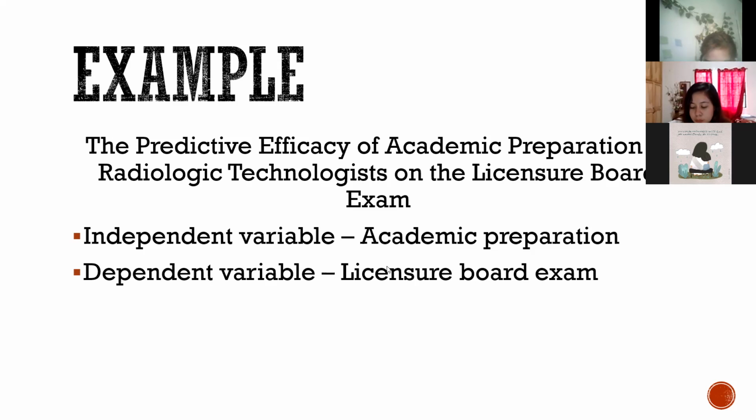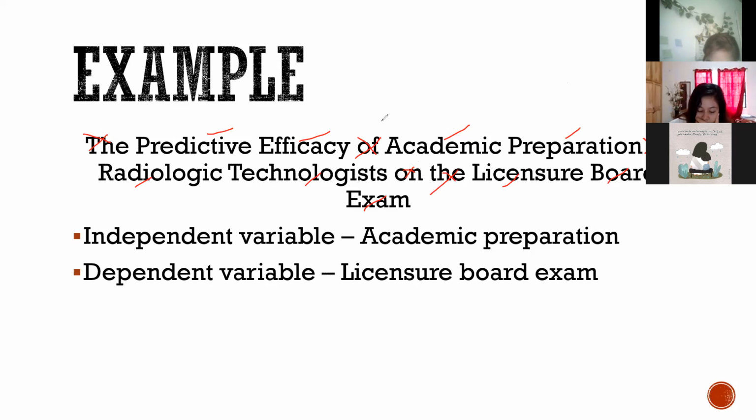So 1, 2, let me write on the screen. 1, 2, again, this is not included. So 3, 4, this one is also not included. 5, 6, 7, 8, and 9. So this one, kani sila, wala na sila gina-include, they are called function words.